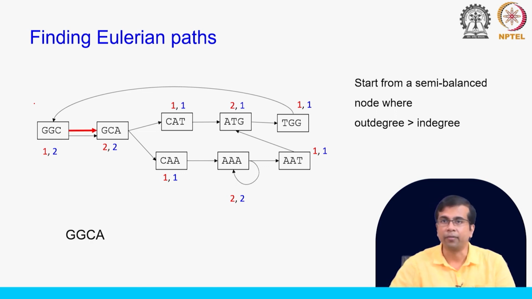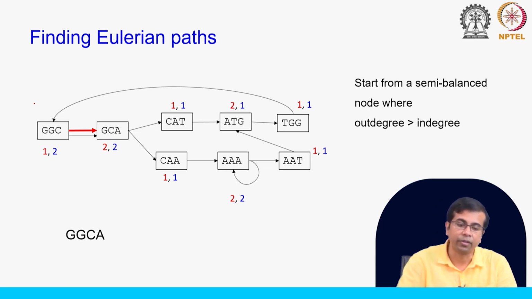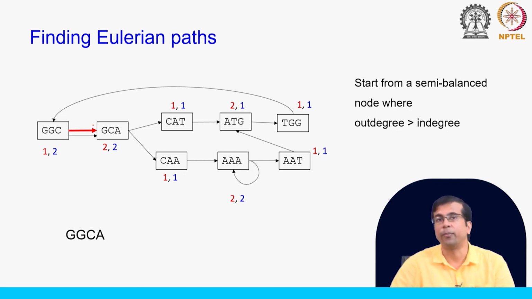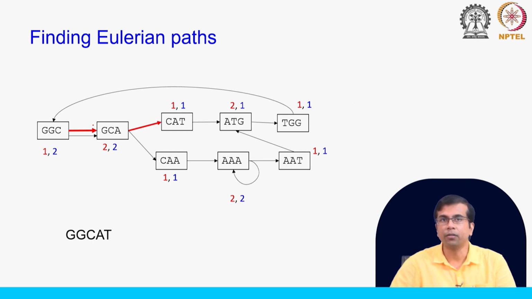If you go back to the last class, you will see this is the path we took, which I will highlight with these red arrows. We are traversing between these two nodes, GGC to GCA, and we got this GGCA. This is the reference sequence that we are building as we traverse through this path. Remember, every edge actually gives back the k-mer. We took this path last time, going in this direction from GCA to CAT with this red arrow, then from CAT to ATG, and as we go along, we are also building the reference sequence at the bottom.